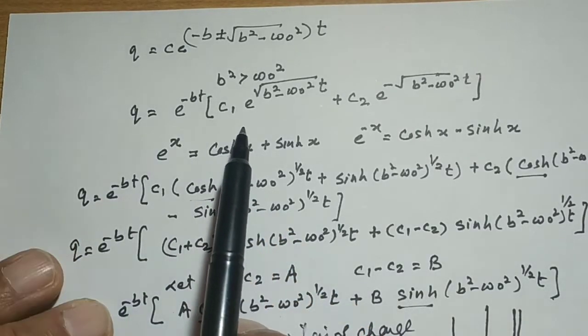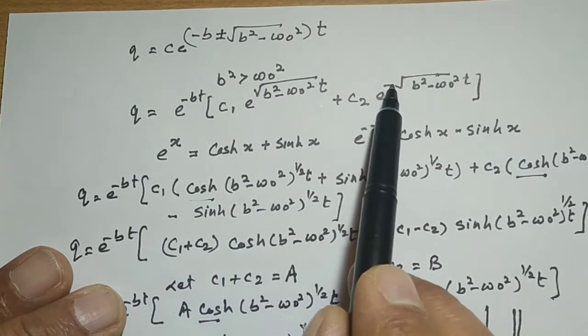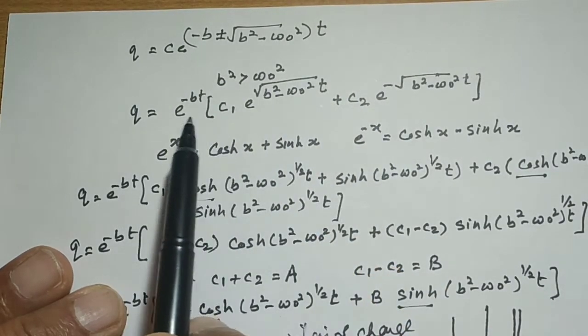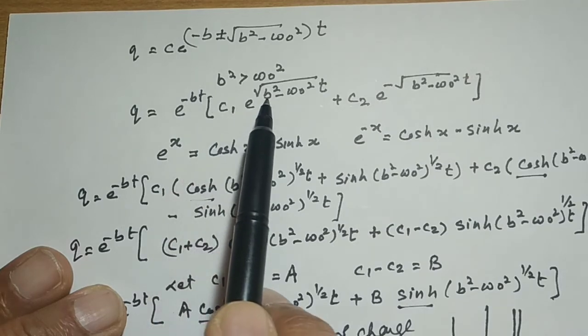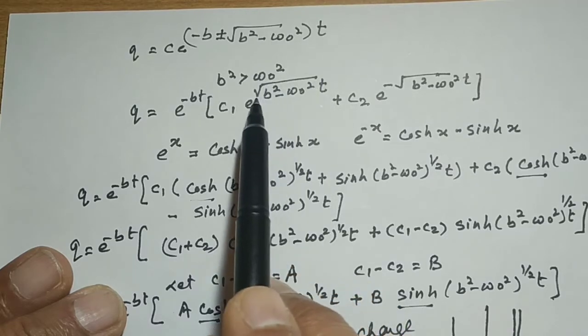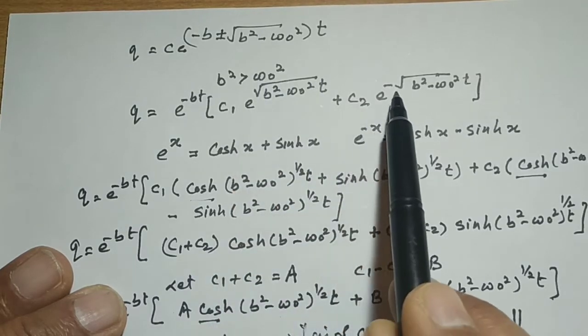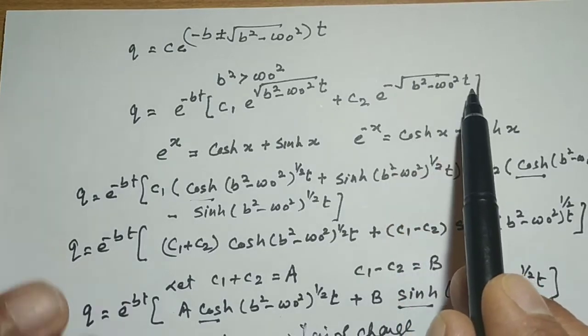Therefore we take the first part with the plus sign and another with the minus sign. We can write 2 factors: C1 e to the power of square root of b square minus omega naught square times t, plus C2 e to the power of minus square root of b square minus omega naught square times t.